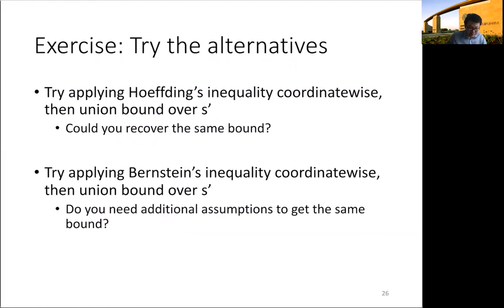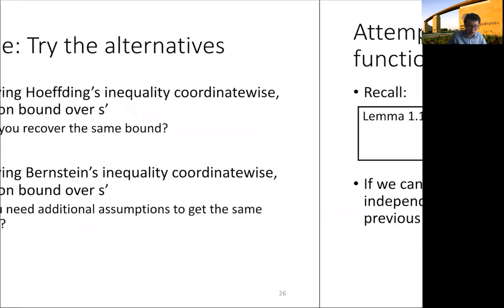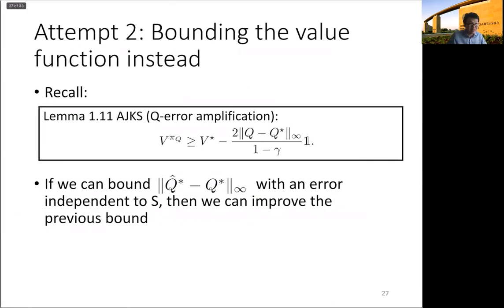This will be a very good exercise for you to get hold of how these inequalities are used and what kind of expected results you should get out of them. Hoeffding's inequality is sometimes not so tight, and that's when Bernstein's inequality becomes useful. And in this case, even Bernstein's inequality doesn't give us exactly the same thing as the McDiarmid inequality and the expectation calculation. So I'll leave this as an exercise for you, and then move on to the second attempt.